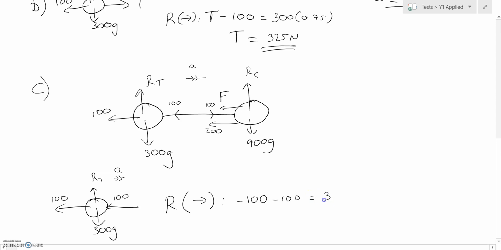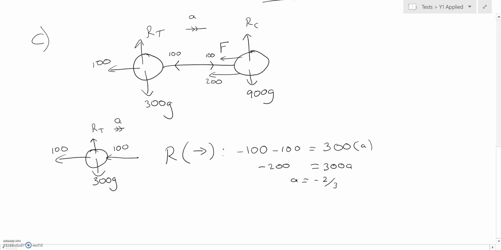And that's equal to mass, which is 300, times the acceleration. And so we get minus 200 is equal to 300A, and so A is equal to minus 2/3. And as I said, I need to be aware that my acceleration was going to come out negative, which it did, which is a good sign. Right, so we've got our acceleration.